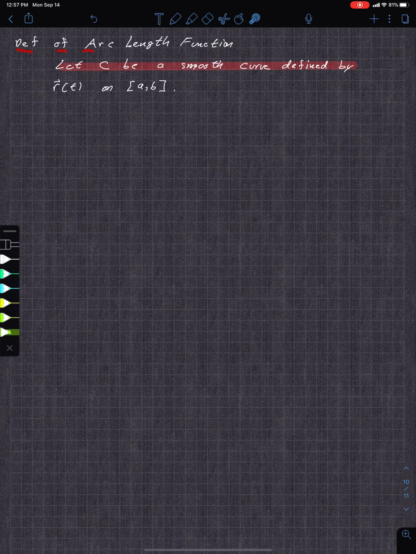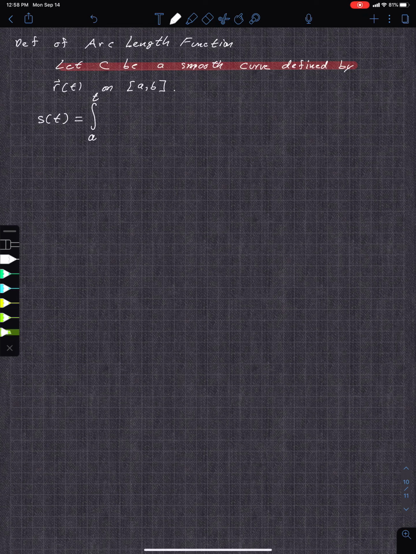The definition of the arc length function: let C be a smooth curve defined by r of t on some interval. Okay, that's pretty standard. Then the arc length function is really just s of t equal to the integral from a to t.